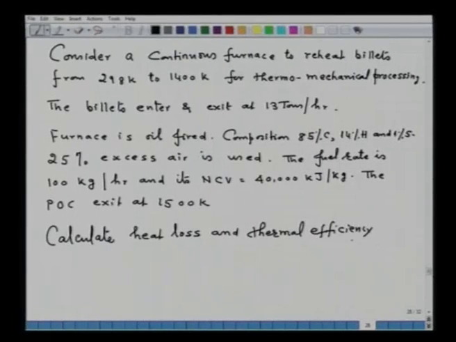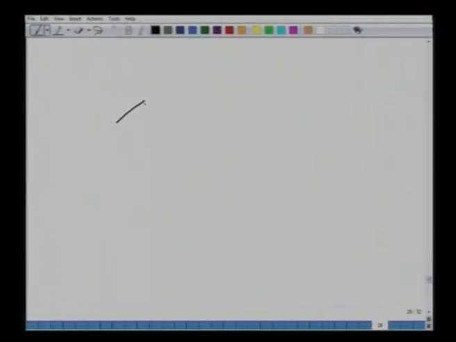So, now let us proceed to solve the problem. For example, the furnace looks something like this. There is a belt on which there is a continuous discharge, where the billet enters and exits. This is the burner, this is another burner.